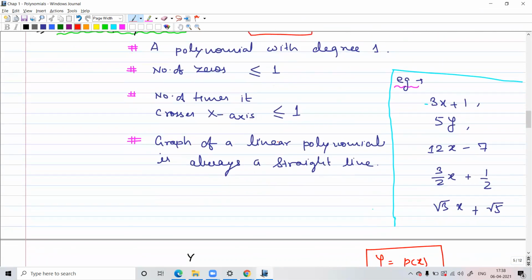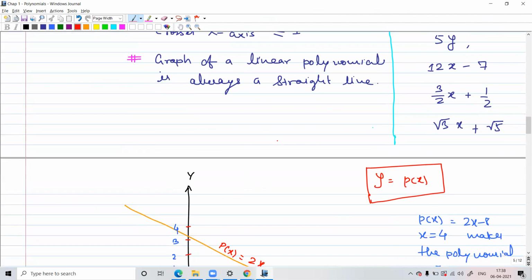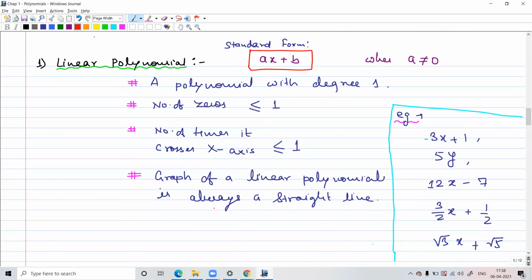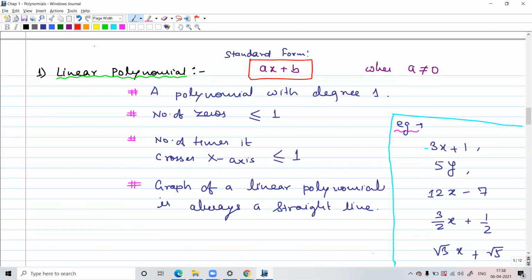Do you people know what standard form means? No? Standard form only means every polynomial will have this kind of form. Every linear polynomial will have a form like ax plus b, where a will be some number and b will be some number, some constant, and x is your variable. Okay, then I'm saying a should not be equal to 0.